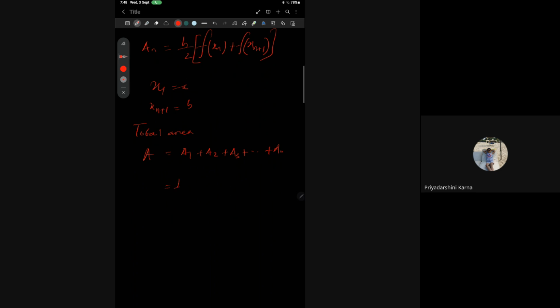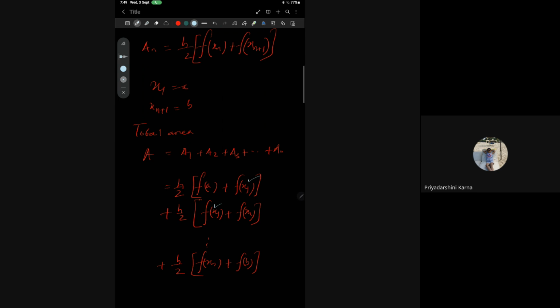So this will be equal to h by 2 into f of a plus f of x1, plus h by 2 into f of x1 plus f of x2, and this will go on until h by 2 into f of xn plus f of b, isn't it? You can see here x1, here x1, h by 2 x1, h by 2 x1.